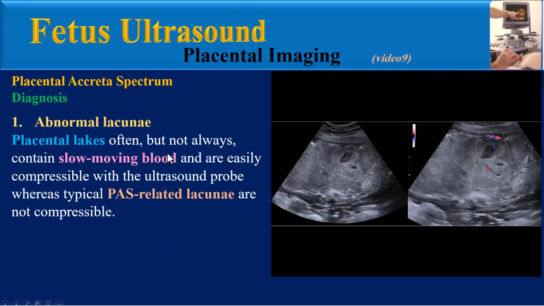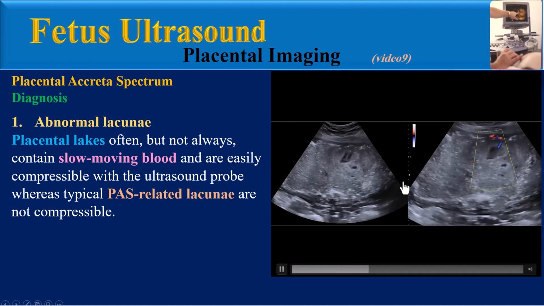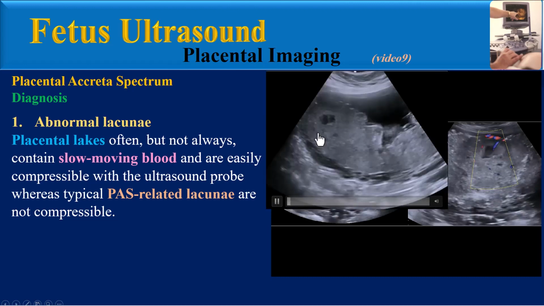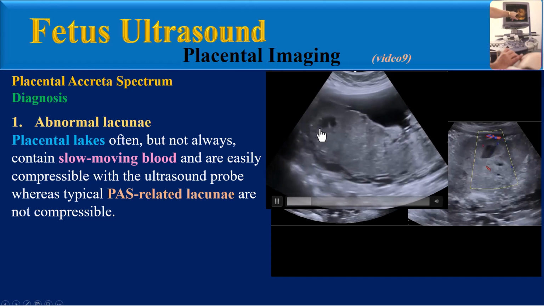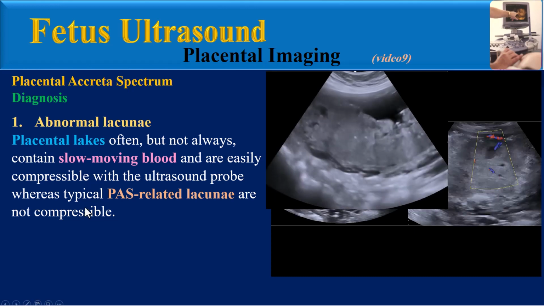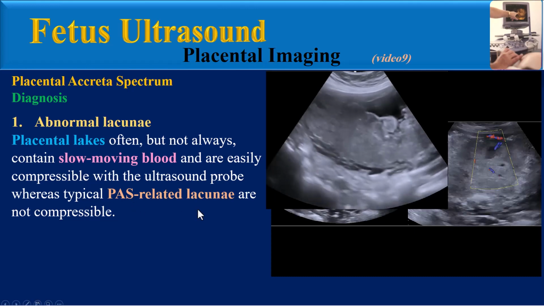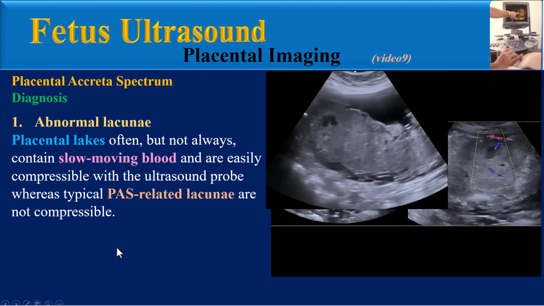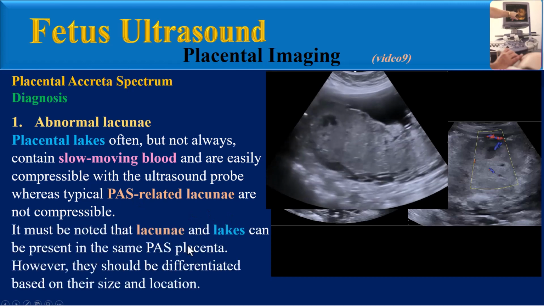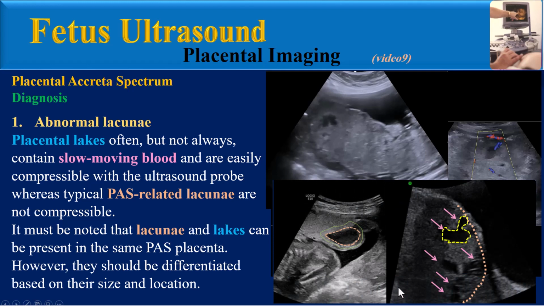Placental lakes often, but not always, contain slow-moving blood and are easily compressible with the ultrasound probe, whereas typical PAS-related lacunae are not compressible.